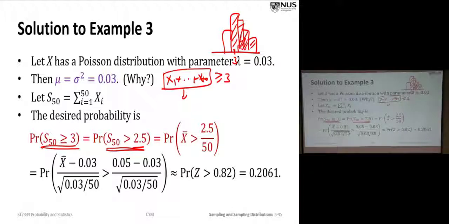So we want to at least make sure that these two events are the same, so that when I convert it to continuous, I don't lose too much.